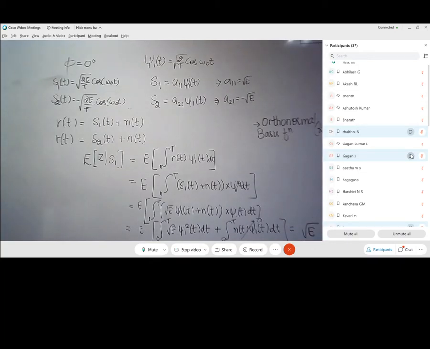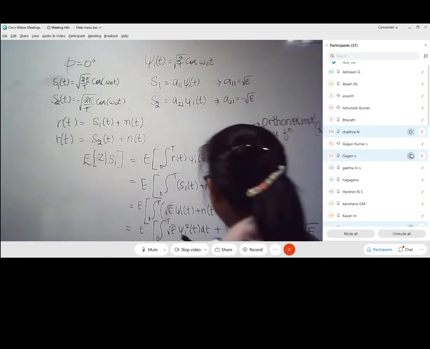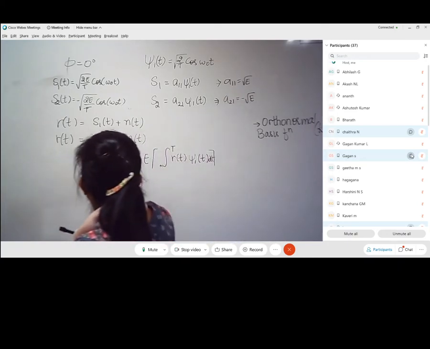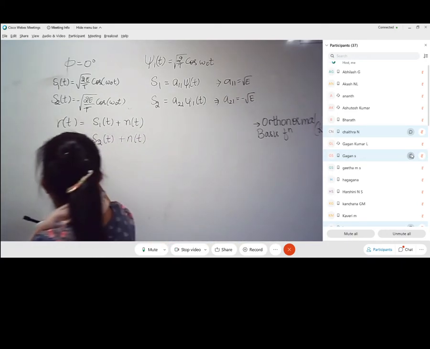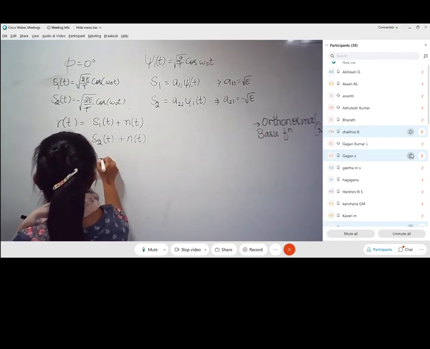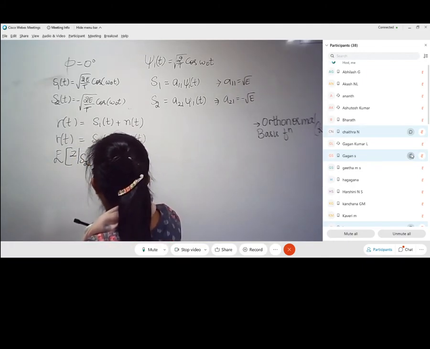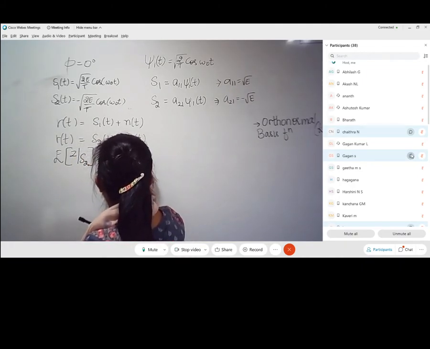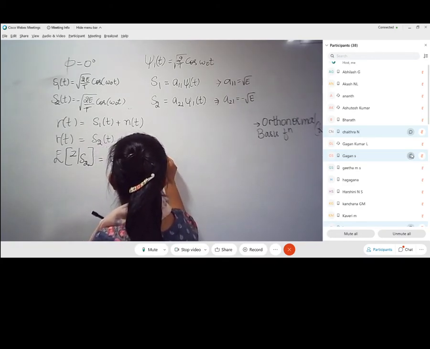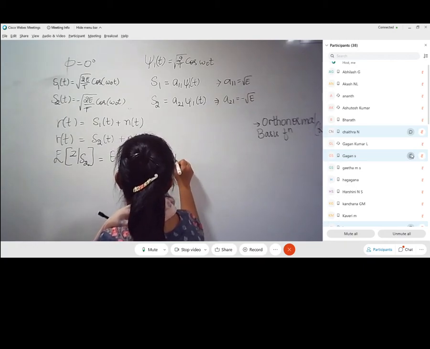For this particular case, when S1 was transmitted, the expected value of Z given S1 is root E. Similarly, to find the expected value of Z given that S2 was transmitted, I do the same correlation process: the expectation of the integration from 0 to T of r of t times xi1 of t dt.